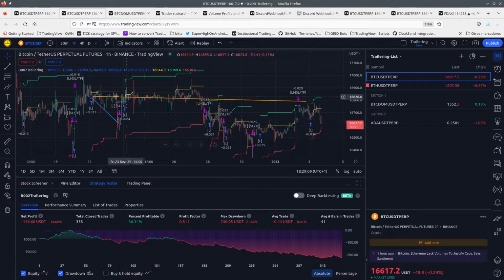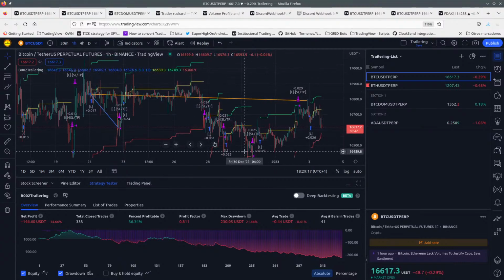Okay, so we have a break even here, which takes a lot to happen. And here we have a stop loss.